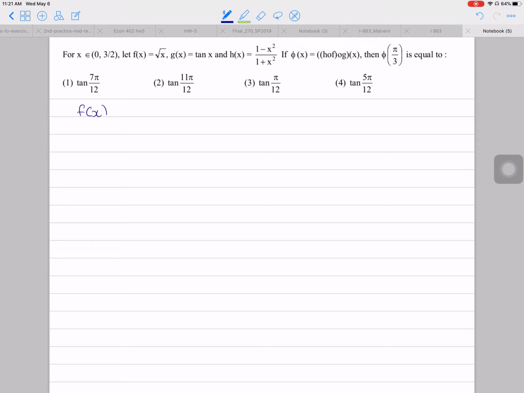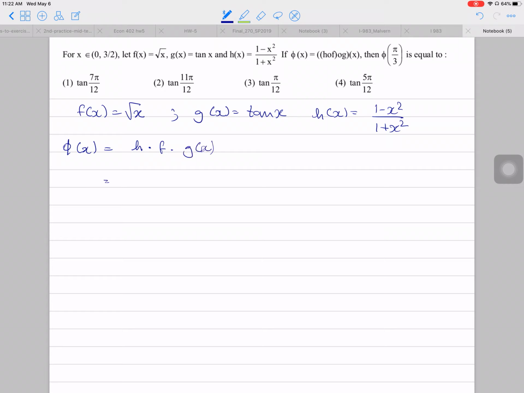So we are given f of x equals under root x, g of x is given as tan x, and h of x is given as 1 minus x squared over 1 plus x squared. So let's find phi of x, which is h of f of g of x.